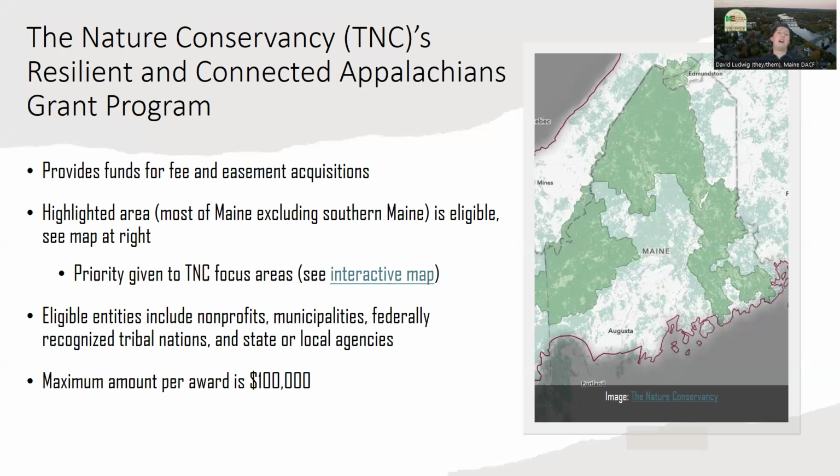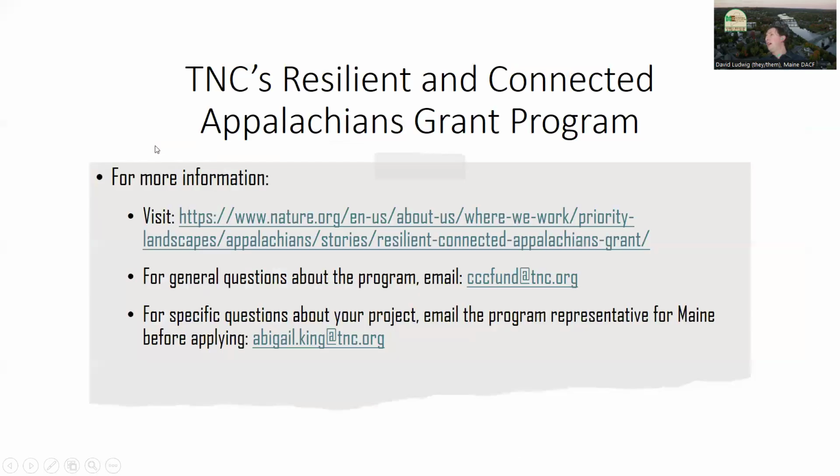This is another good option. Eligible entities include nonprofits, municipalities, federally recognized tribes, and state or local agencies, with a maximum award of $100,000 per grant. I have provided some links for more information there, along with some contacts.